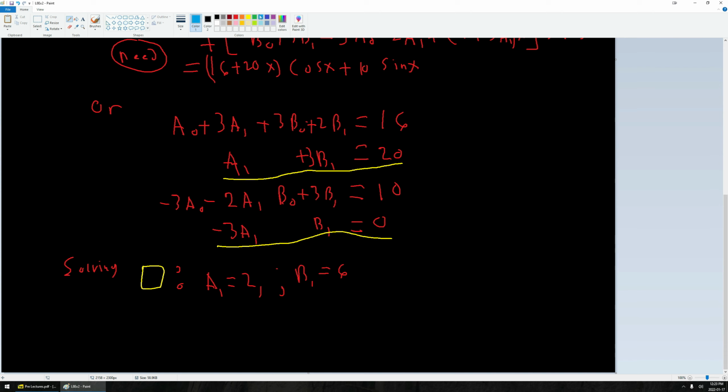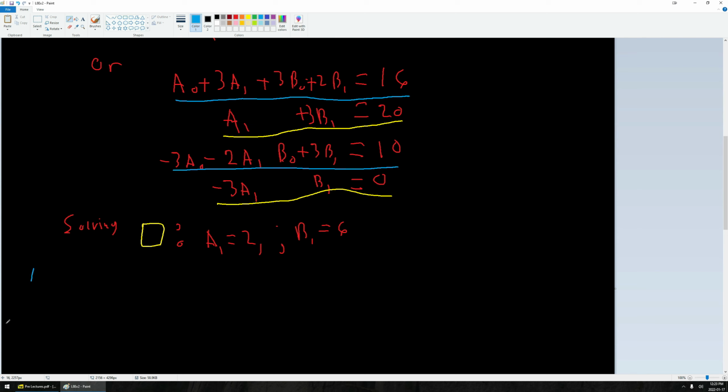So let's just underline it. And now I can say something like, thus the blue stuff becomes, well, what would the new system be? If I plug A1 is 2 and B1 is 6 into here, this top equation would simply become, well, I would get my A0 that's still stuck around, plus my 3B0, and then this would be 16 minus 2 times 3 minus 2 times 6.